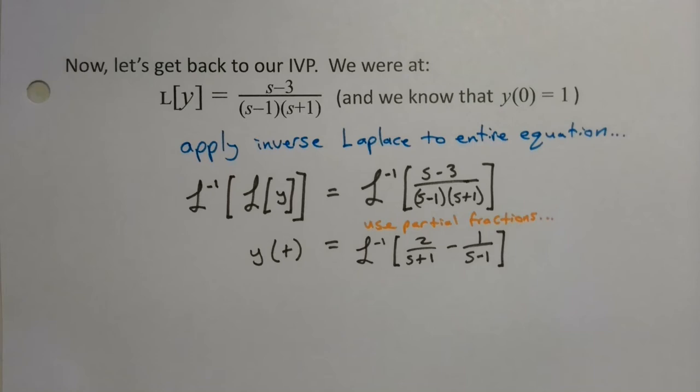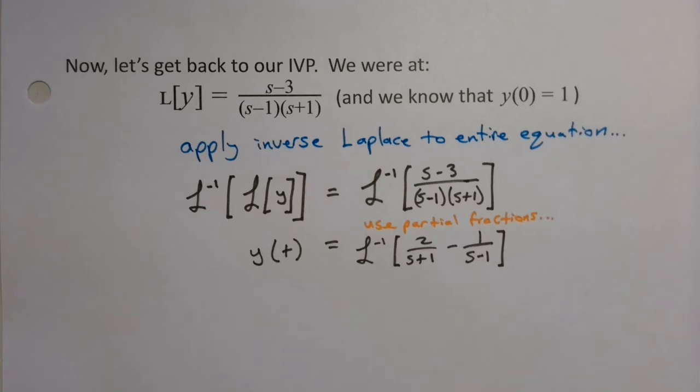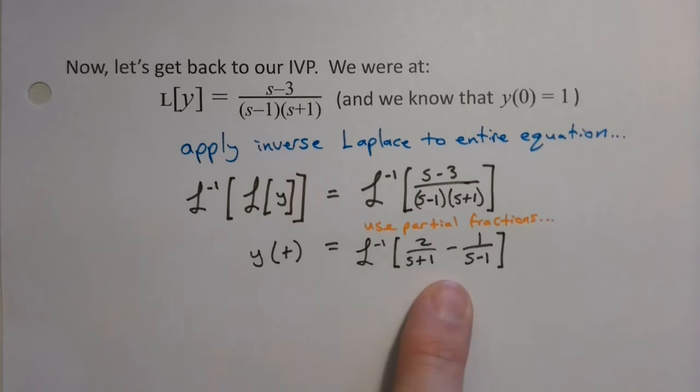Hop into Maple, practice using the parfrac command: convert, then the thing you want to convert, comma, parfrac, comma, the variable, in this case s, and it'll split it up for you. Of course, we could ask Maple to just find the inverse Laplace of this. But sometimes applying the inverse Laplace right out of the gate doesn't work nearly as nicely as breaking things up using partial fractions, because we want our solution to make sense to us.